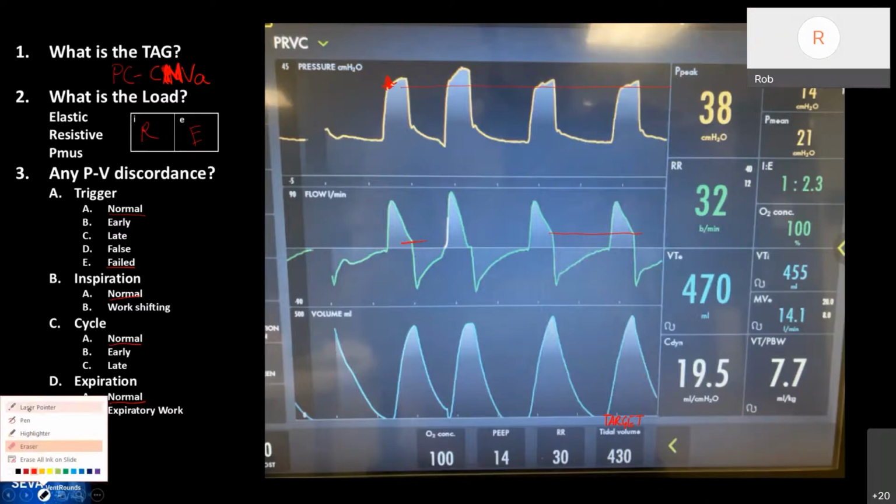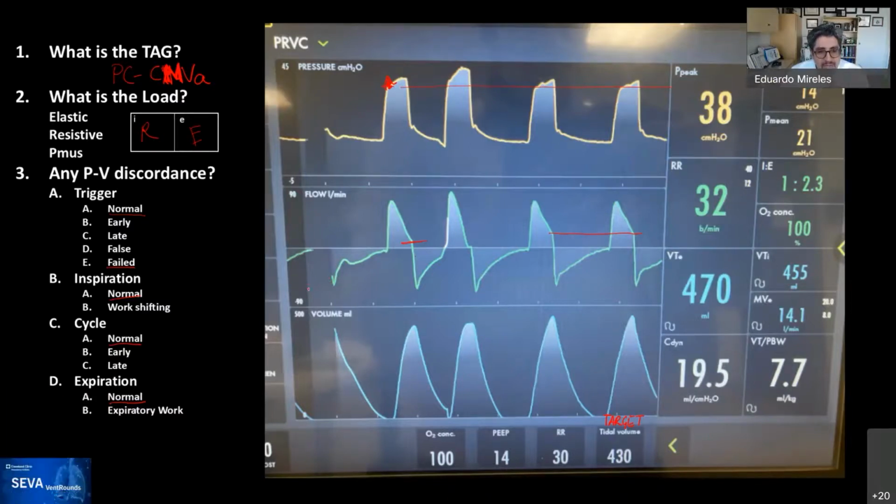This is one of those cases, especially with what you said, Mohammed, when you pointed out that there was this evidence of failed effort down here, and then I see different end inspiratory flows between these two. It makes me think this patient is having an asynchrony, meaning he's having over here a failed trigger, and there's probably some Pmus occurring in here.